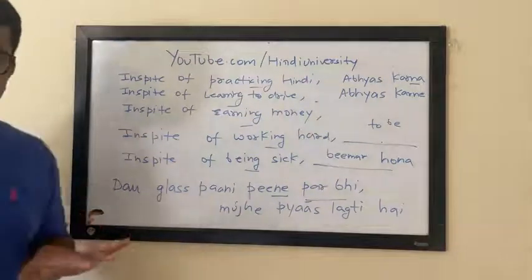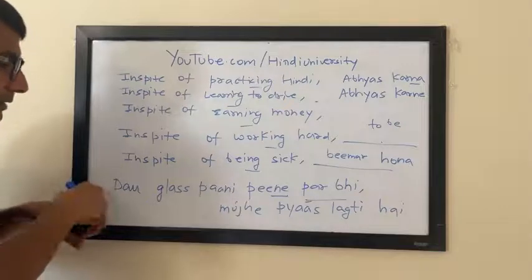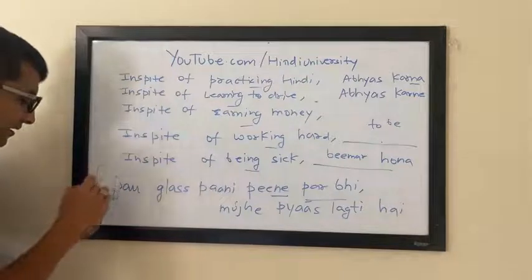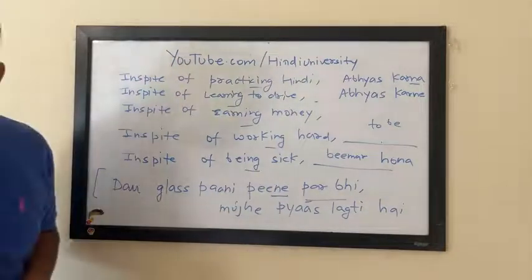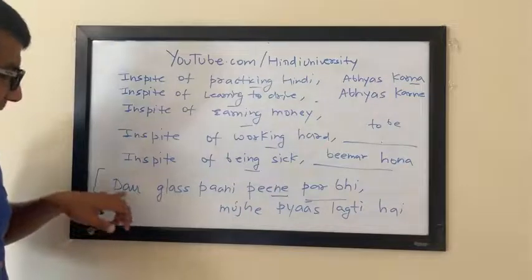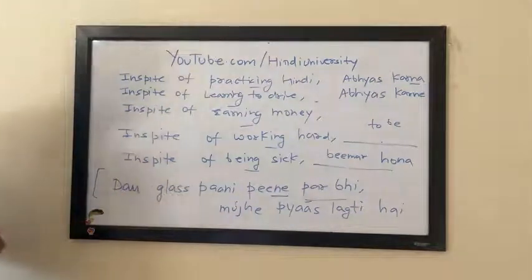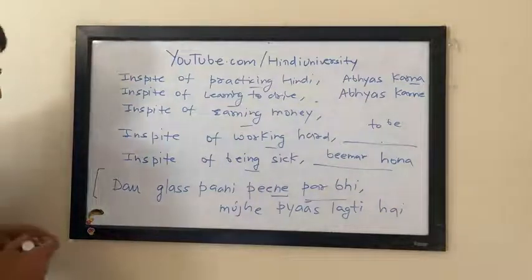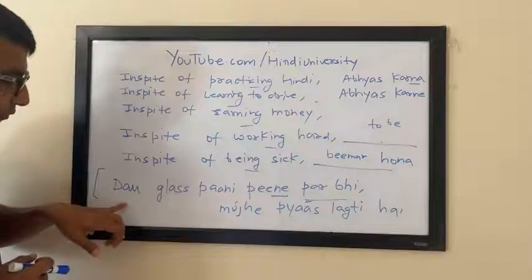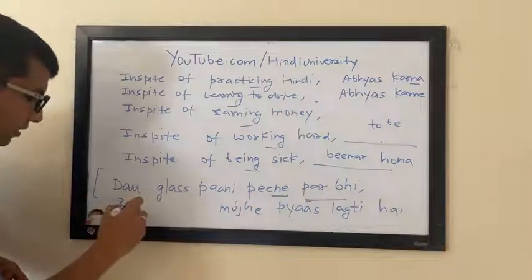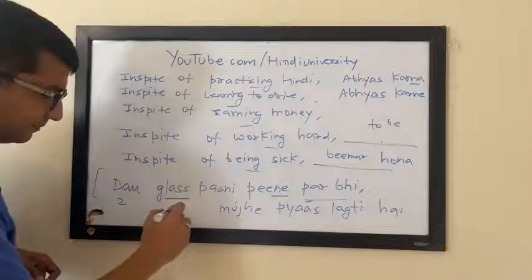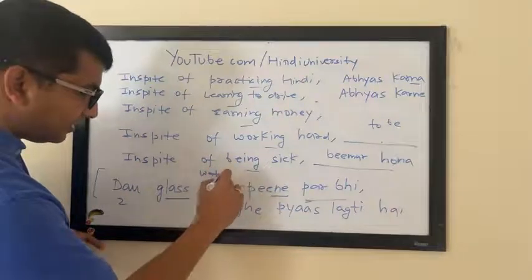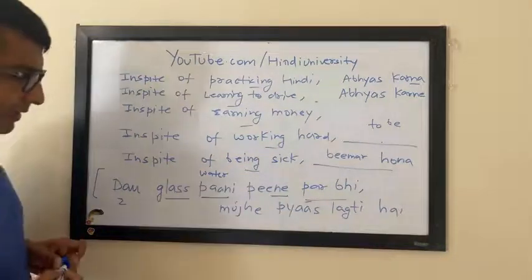Anyone, and be very honest, found this sentence hard? If yes, which part of the sentence was hard? Suvilai, what do you think? It's okay for me, I understand. दो गिलास पानी, water.